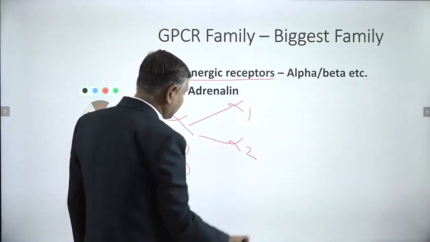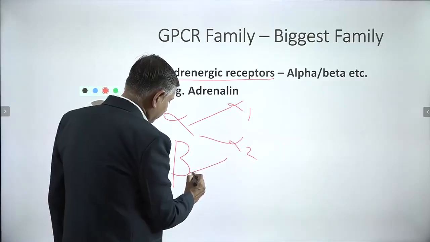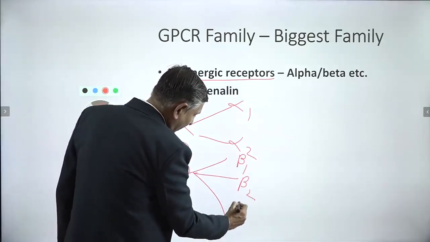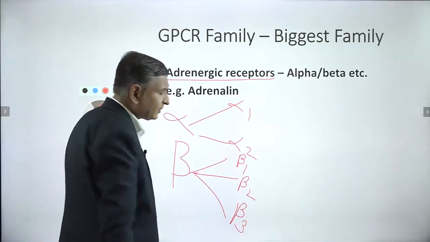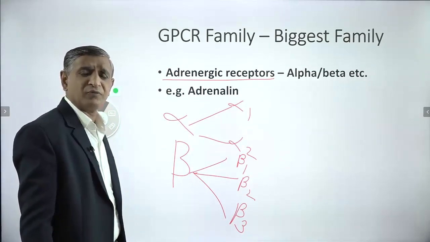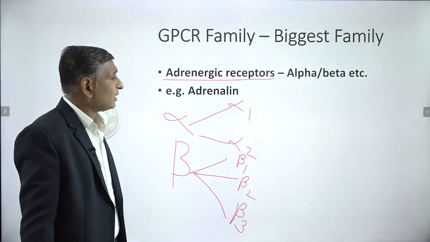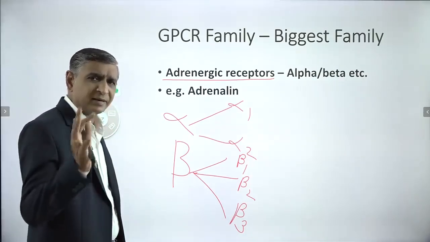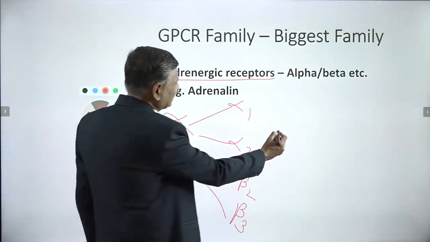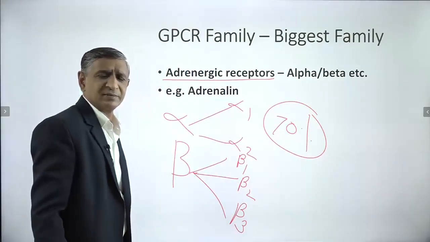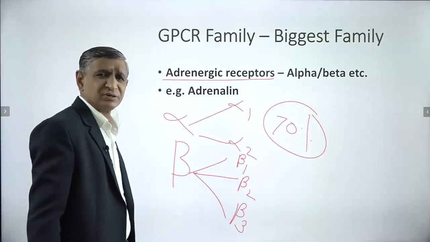They are having again their subdivisions. Beta is subdivided into beta 1, beta 2, and beta 3. These all type of receptors are from the family of GPCR. This is one example I am telling you. There are many drugs. You can say even 70% of the drugs act through this type of receptor. This is not at all exaggeration.